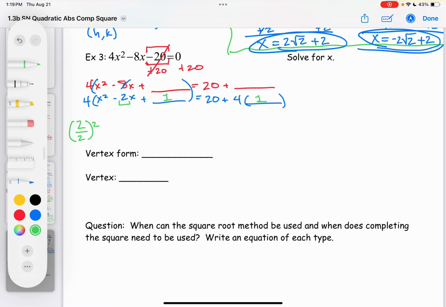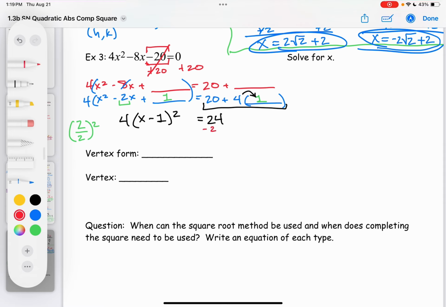Next step, I'm going to keep simplifying. On the right side, I'm going to distribute and combine like terms. So that gives me 24. On the left side, I'm going to factor, and it will be x minus 1 squared.